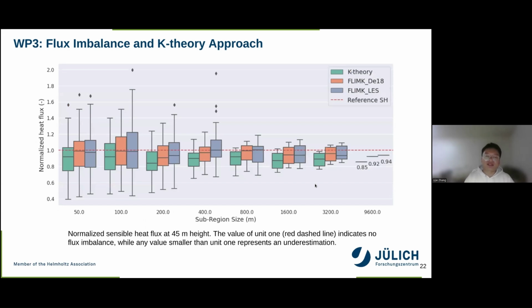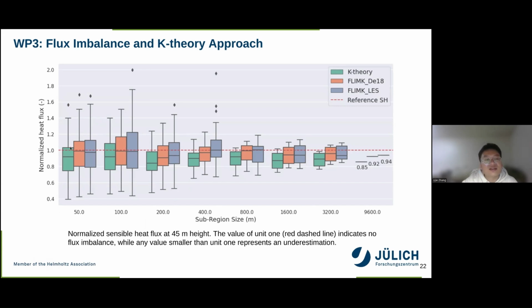And how is the performance? Because we only run one simulation here, we randomly select subregions, 50 samples at different scales. The subregion size ranges from 50 meters, 100 meters, 200 meters until 9.6 kilometers.